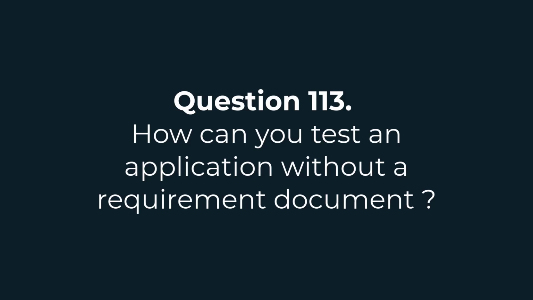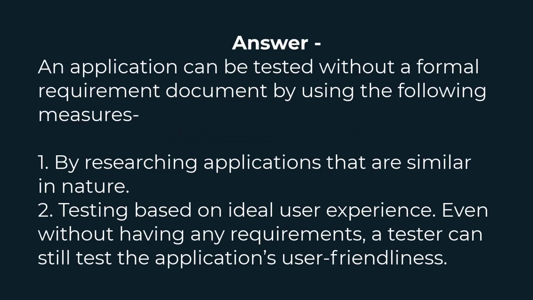Question 113. How can you test an application without a requirement document? Answer. An application can be tested without a formal requirement document by using the following measures. By researching applications that are similar in nature. Testing based on ideal user experience. Even without having any requirements, a tester can still test the application's user-friendliness.